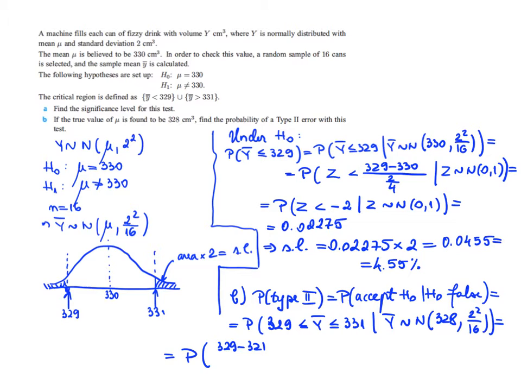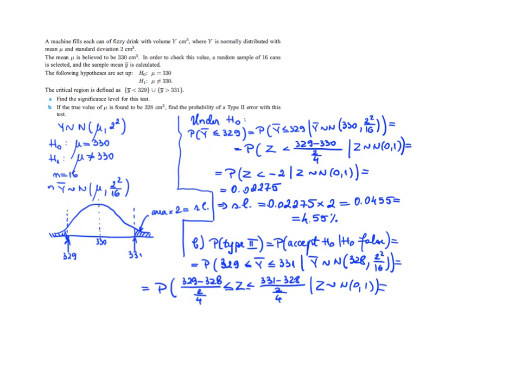I can again standardize or use a calculator. So then I calculate the probability, which is a probability of a type 2 error.